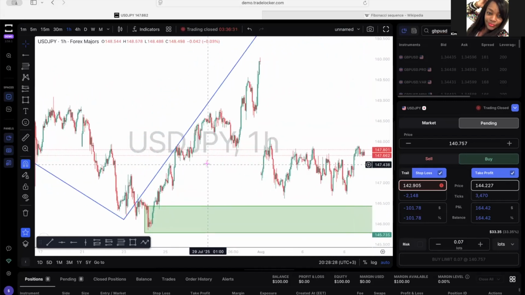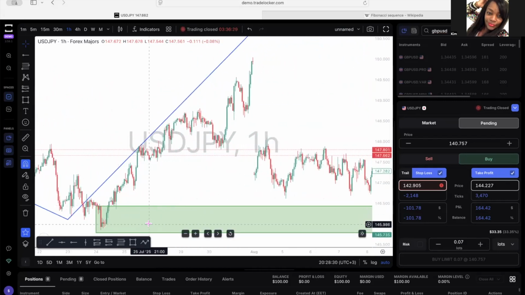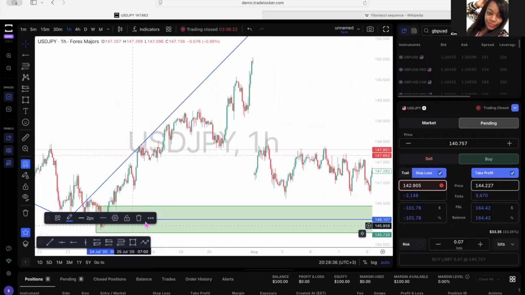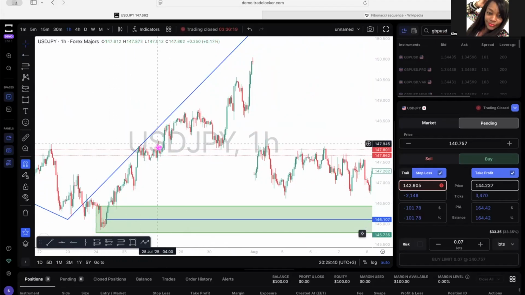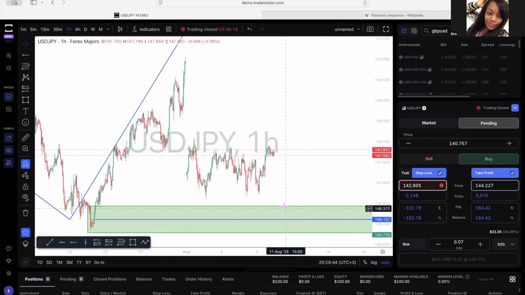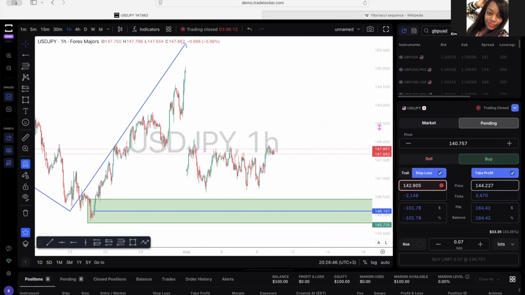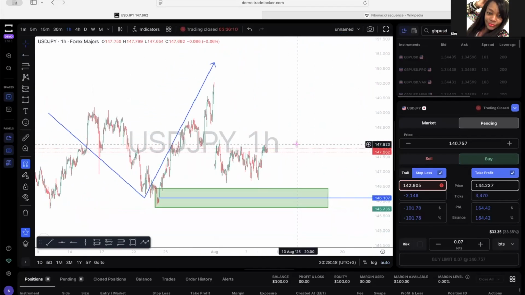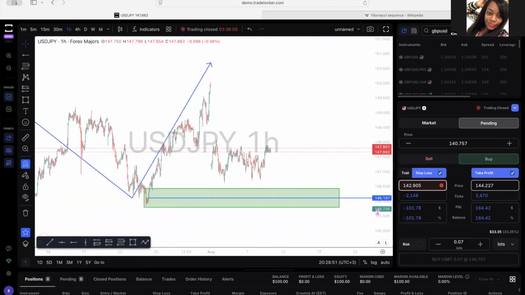All right, so once price gets down into this zone, this is your last 1 hour down candle before this move started moving up. So once price got in this zone, you can either set a limit. So you can go in here and let me cancel.